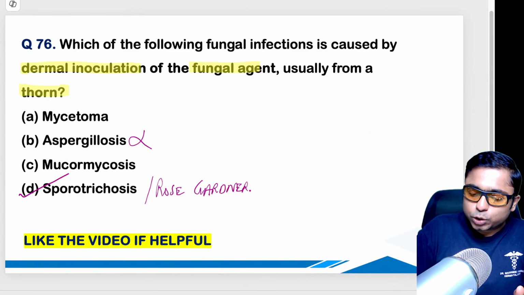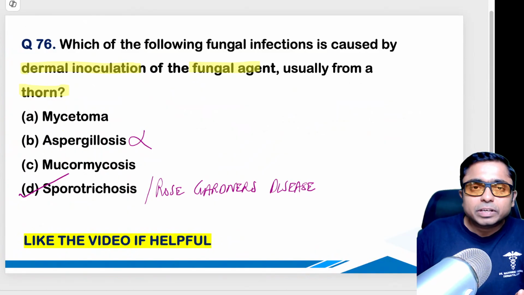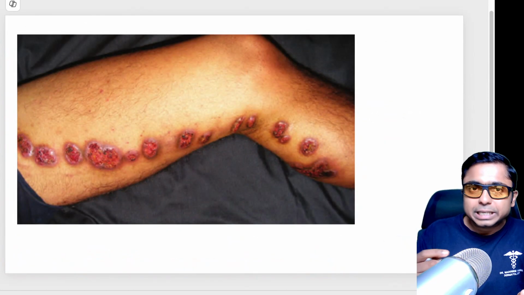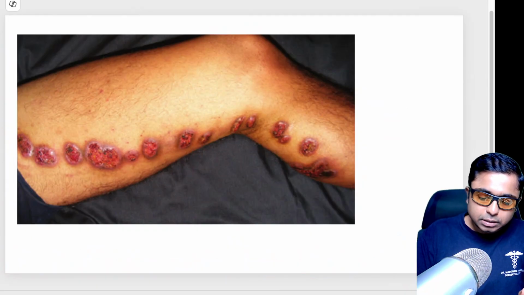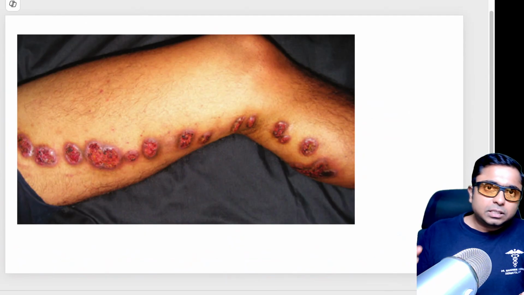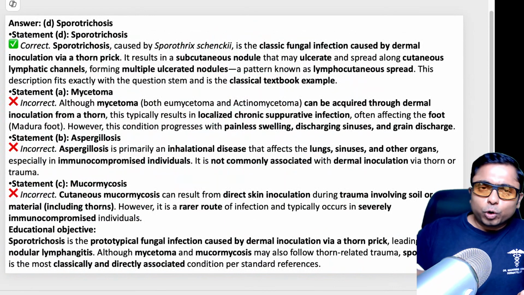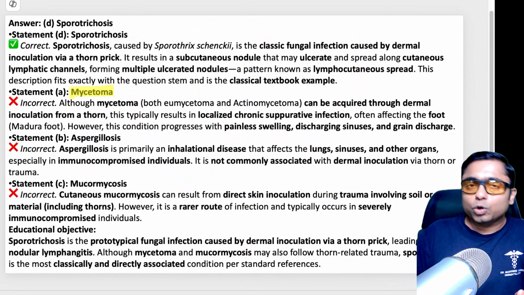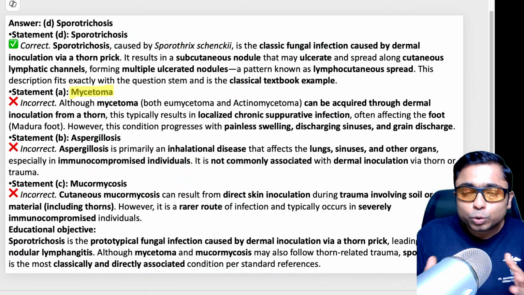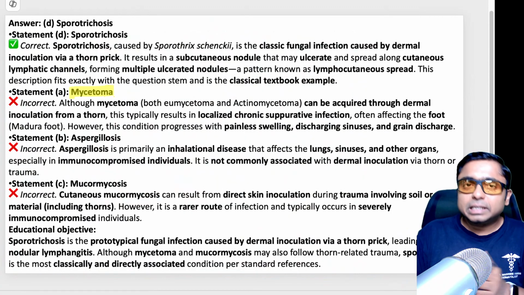It is also called as rose gardener's disease, and it is produced by the Sporothrix, which is a dimorphic fungus which will produce the linear lesions, as you are able to see in this particular picture. Because this fungus is going to go from the distal ends to the proximal end through the lymphatics. Okay, so like I have told you, rest of the others like mycetoma, which will present with granules, sinuses, and also tumefaction, that is a tumor like swelling wherever there is inoculation.